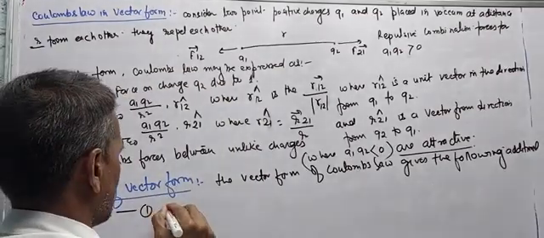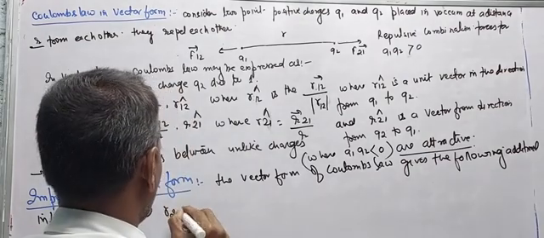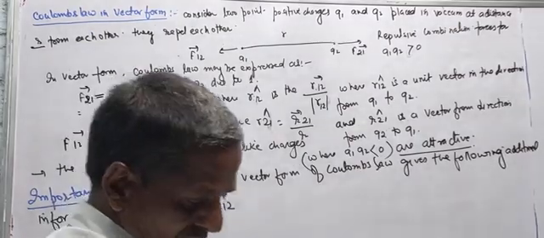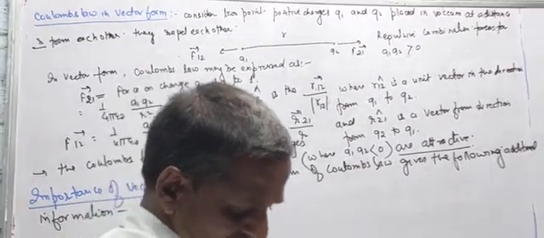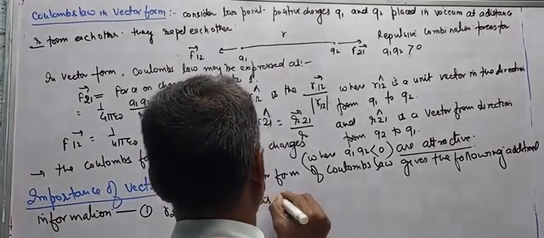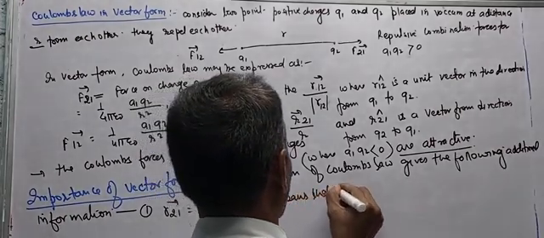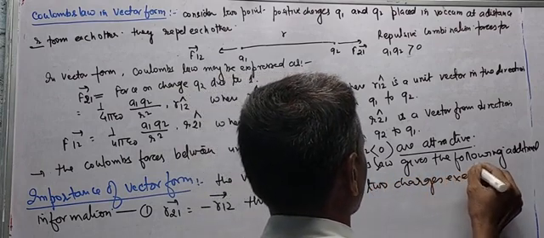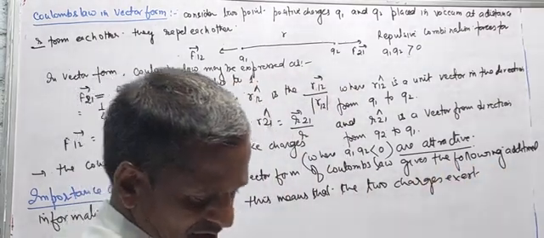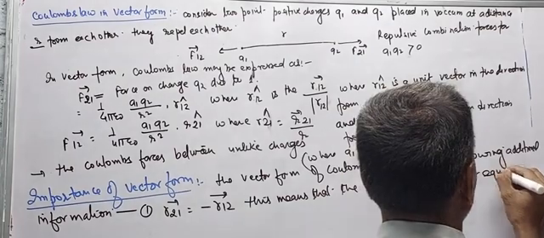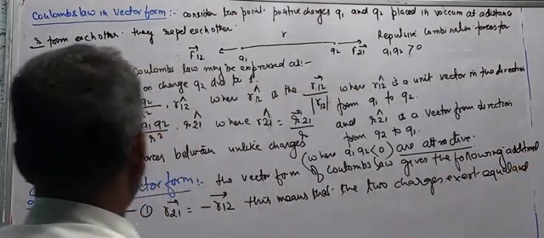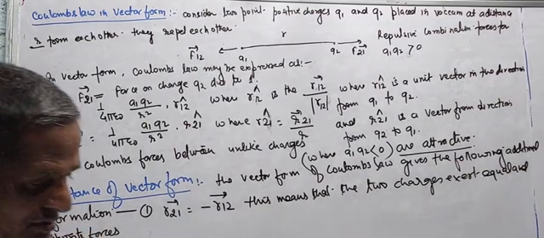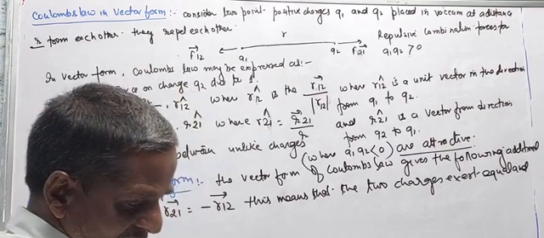Number 1: r21 vector equals minus r12 vector. This means that the two charges exert equal and opposite forces on each other.